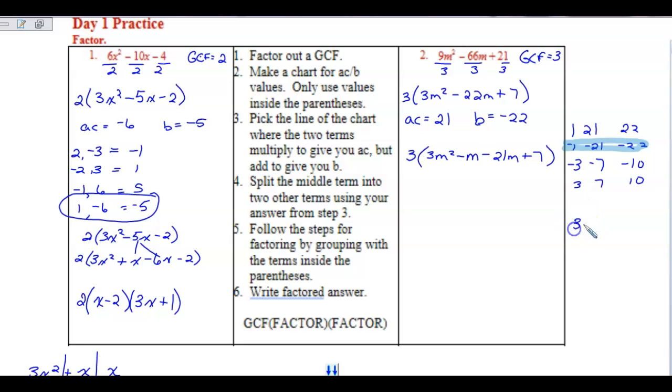So I have 3m squared minus m and negative 21m and 7. Going across, I have m. Coming across here, I have 7. Coming this way, I have 3 and m, and coming this way, I have 1.